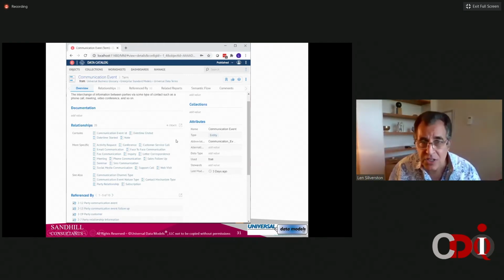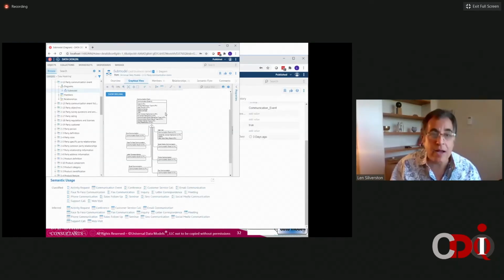When we take the semantic models, we can show, wow, a communication event has relationships where it contains things like the date times ended and started, but it has more specific entities like activity requests or emails or fax or meetings. So we could show the context. We could show different parts of the taxonomy that it references. We could even show diagrams showing that, oh, a communication event has these things in it, and these are different types of communication events.